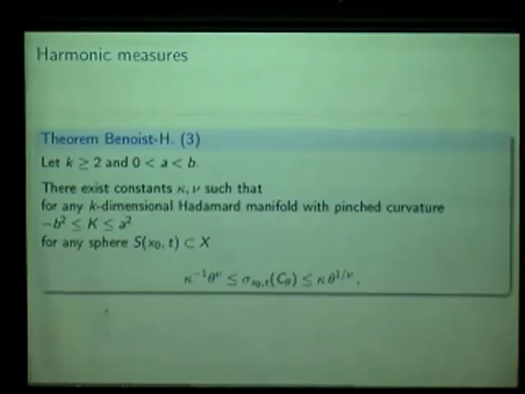The upper bound states that these harmonic measures satisfy a uniform Frostman condition with constants that depend neither on the center you are working with, nor on the radius. And I pronounce the name Frostman because it's related to what I stated, that the set of bad directions has Hausdorff dimension 0. It goes hand in hand. So it is in particular here that the pinching assumption goes into the picture.